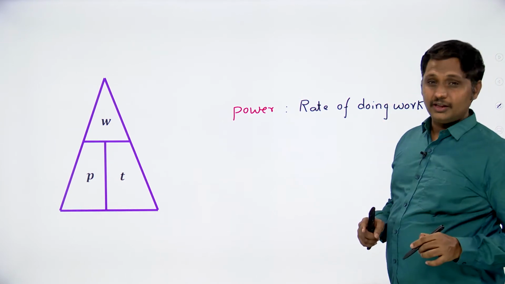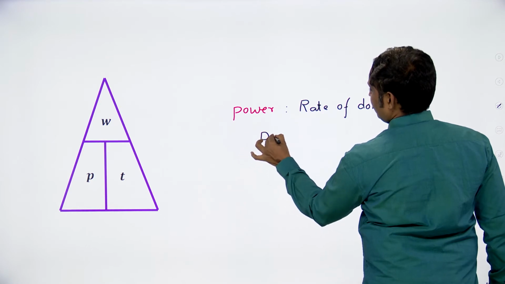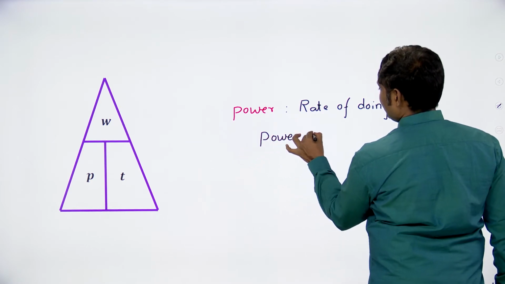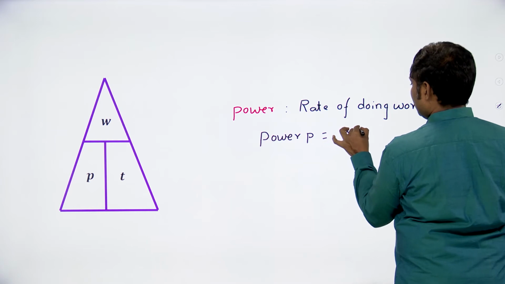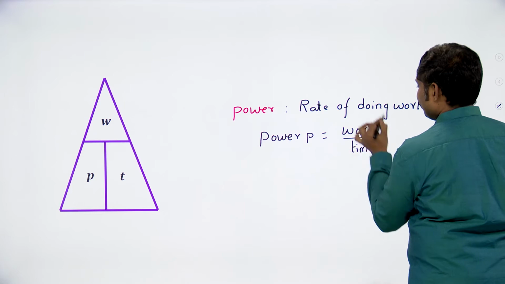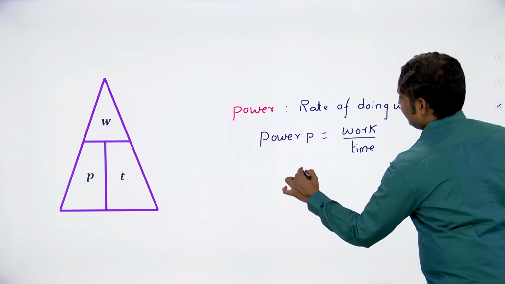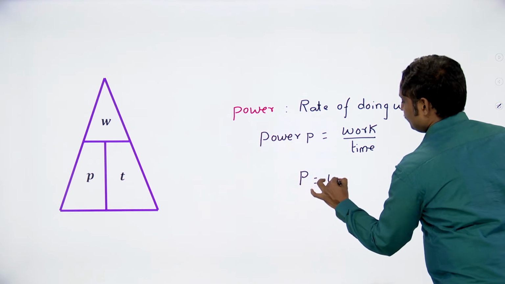Power P is equal to work by time. So, you can take P, that is going to be W by T.